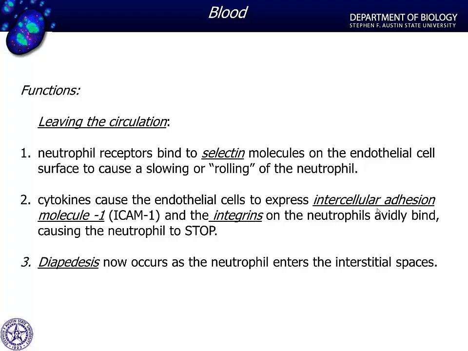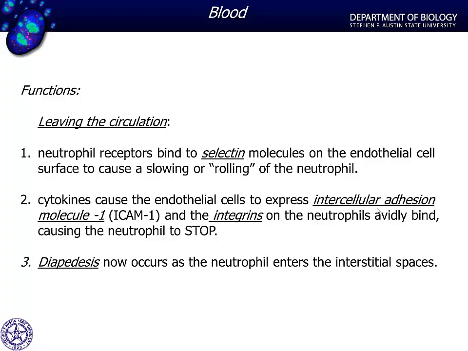In the first step, neutrophils are going to have receptors. And these receptors are going to bind to selectin molecules on the endothelial cells. And this binding is going to be this first slowing down of the neutrophil, and it's called rolling. So as the selectin molecules are bound by neutrophil receptors, they begin to roll along the endothelial surface.